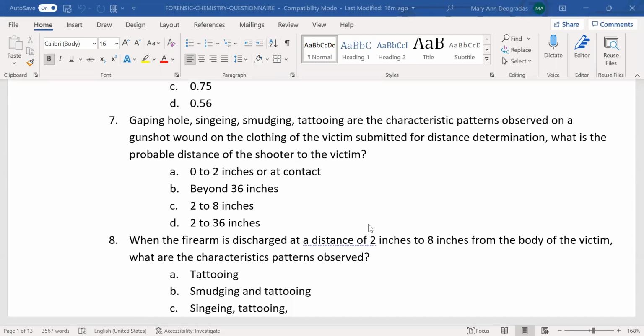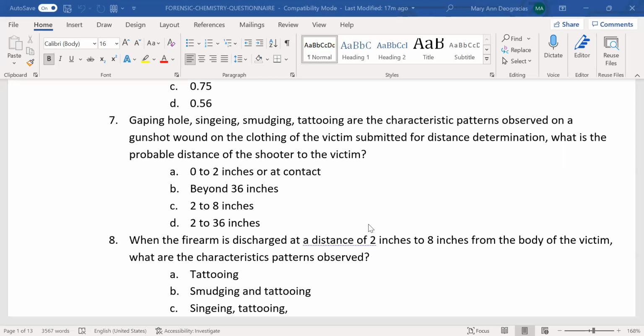What is the probable distance of the shooter to the victim? Letter C? Okay, A, 0 to 2 inches. Yes, it's letter A. All characteristic patterns are observed when the distance, or the GSR, guys, is between 0 to 2.